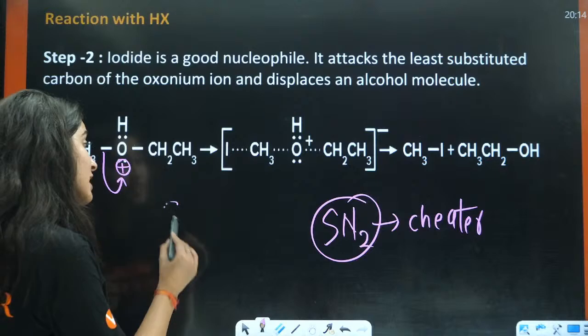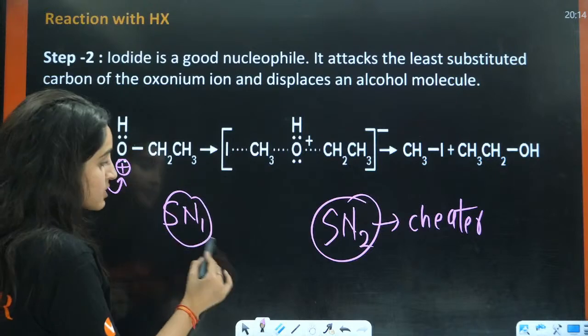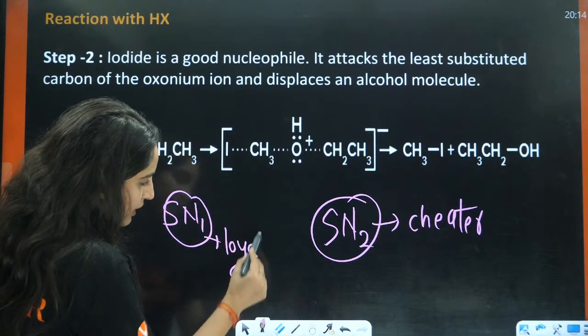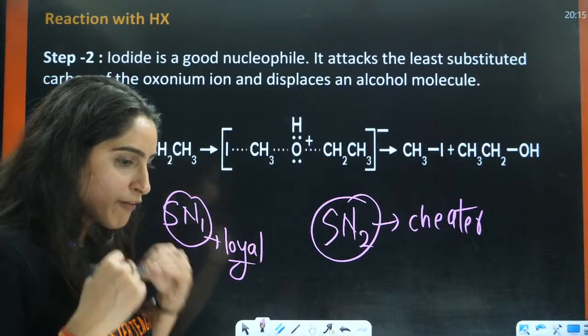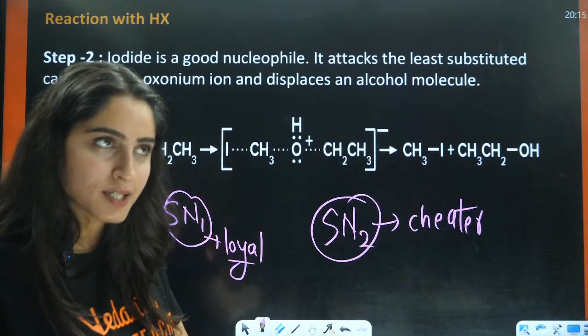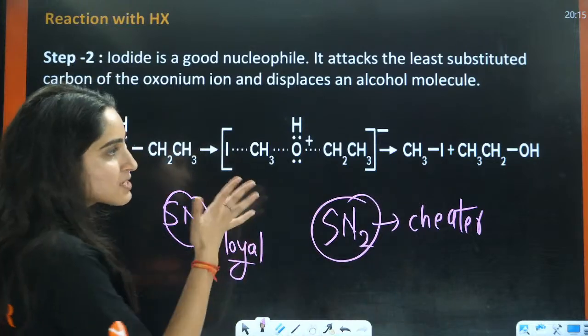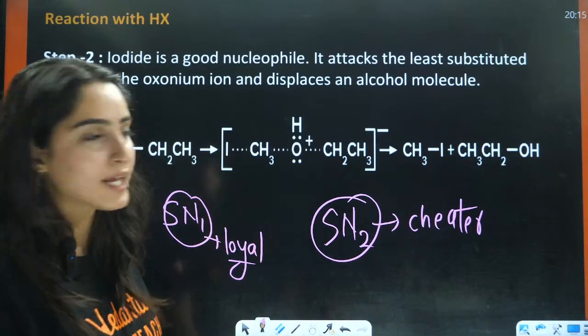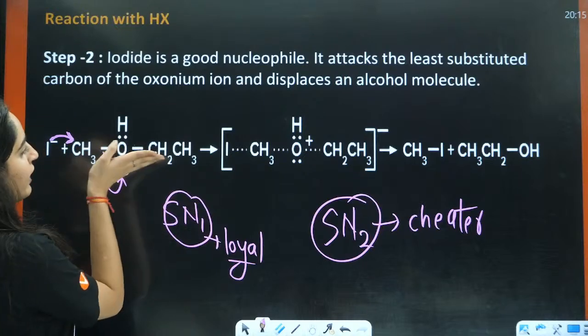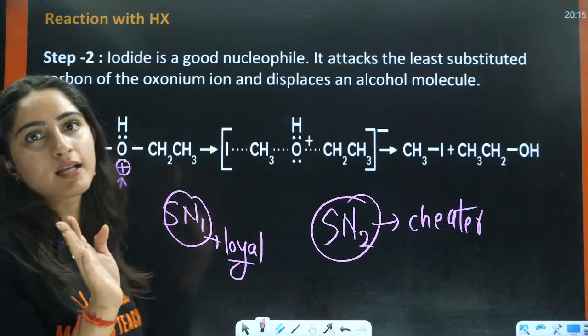But SN1 reaction is a very loyal reaction. It says firstly I will break up with one person, and only then will I make a bond with the other. But in SN2, there is no loyalty. It breaks the bond and makes the bond simultaneously.